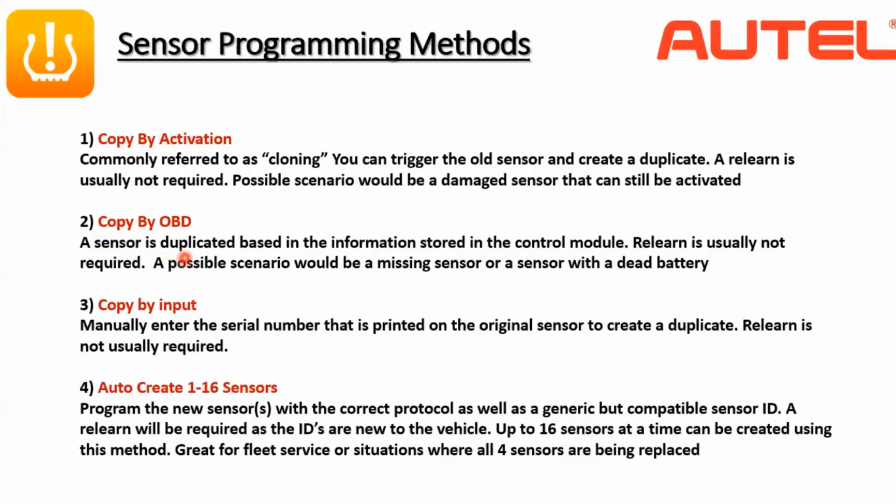And copy by OBD is another very unique feature which Autel provides in the market. If you don't have your old sensor with you, I mean the sensor is totally damaged, or you don't have a sensor in your car, you can retrieve the sensor data for that particular location from the TPMS ECU with the TPMS scan tool from Autel, and program a new sensor with that same data.